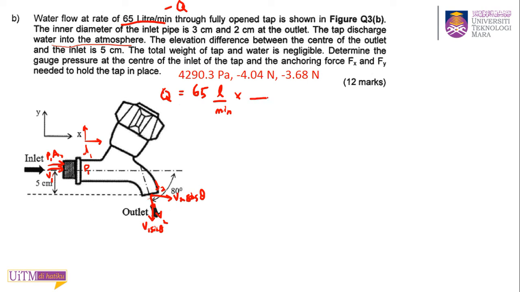So 1 liter times 1 minute. 1 minute is 60 seconds, so you can cancel the minute, and 1 liter is 0.001 meter cube, so you can cancel out the liter. This gives you meter cube per second. What is this value? 65 times 0.001 divided by 60.